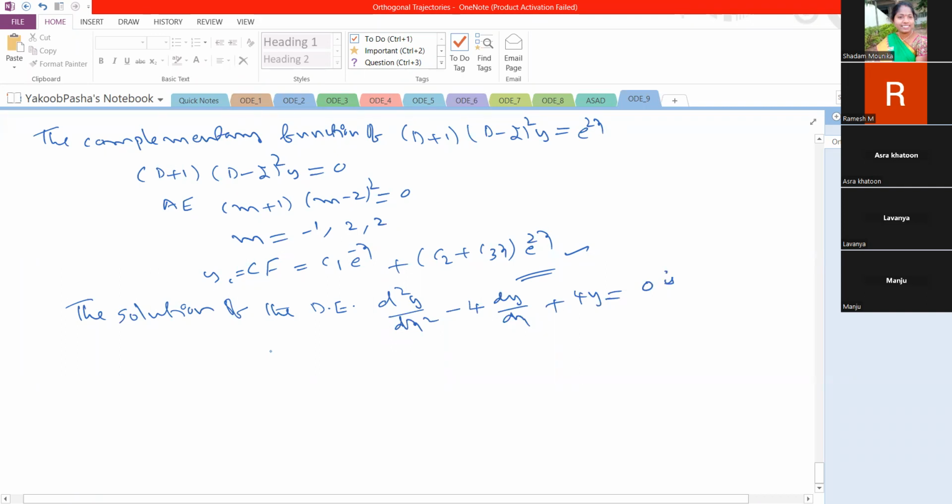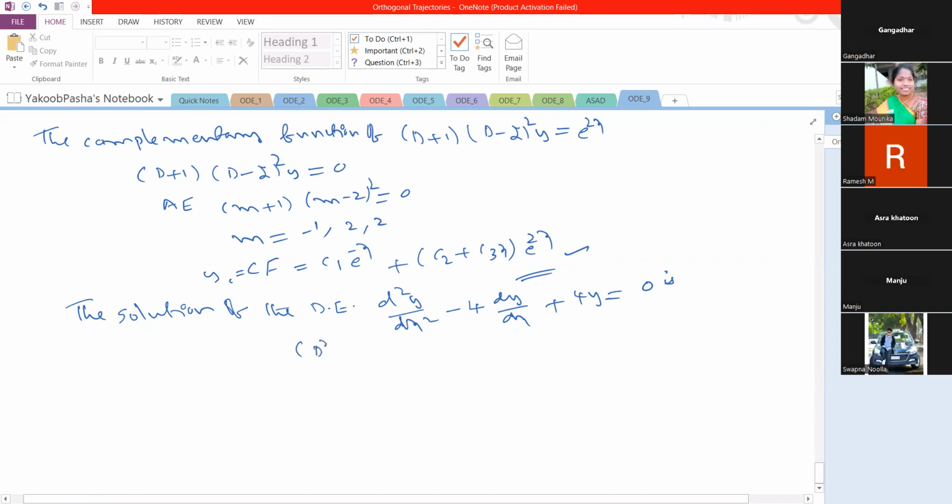So write the operator form: d square minus 4d plus 4 into y is equal to 0. Now the corresponding auxiliary equation is m square minus 4m plus 4 equal to 0.